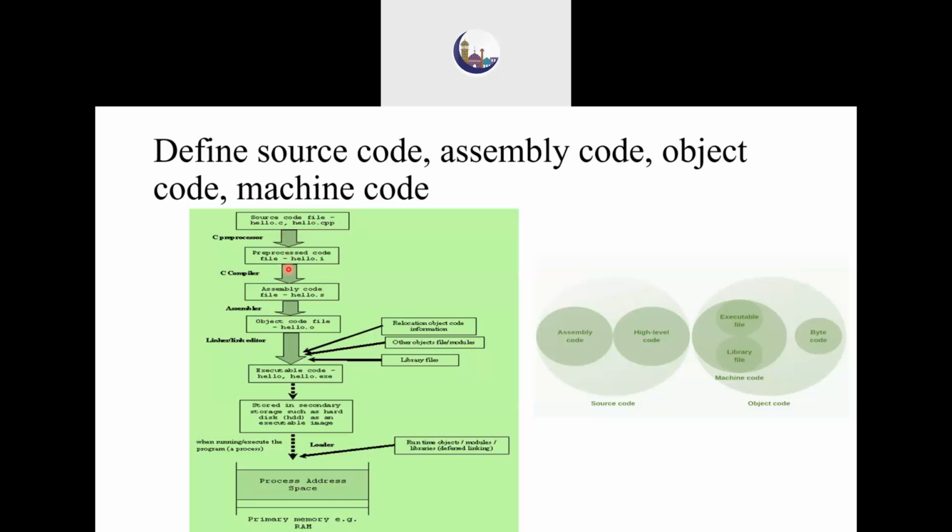If there is no error, it will be converted from hello.c to hello.i. What will be the extension when converting from C to I? Once this conversion is done, after checking for all the errors and syntactical details, it will be passed on to the C compiler. The C compiler will compile it into assembly level language code.